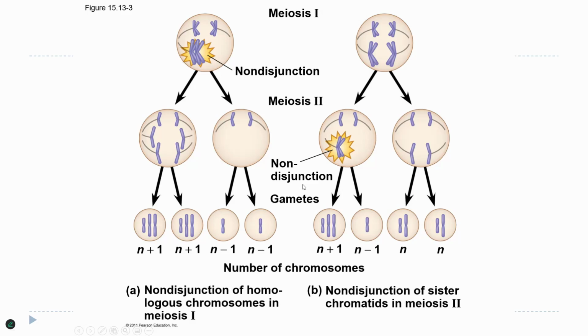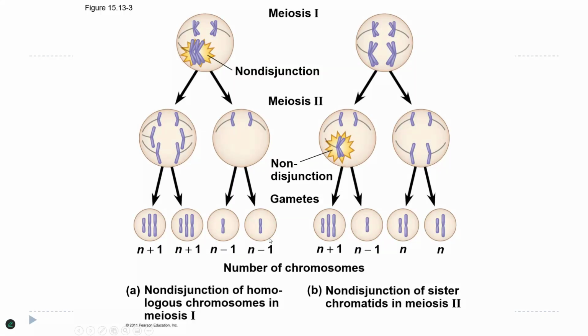If it occurs in meiosis 2, then half of your cells have the wrong number of chromosomes and half have the correct number. So non-disjunction is when the chromosomes do not separate correctly, creating gametes with extra or missing chromosomes.